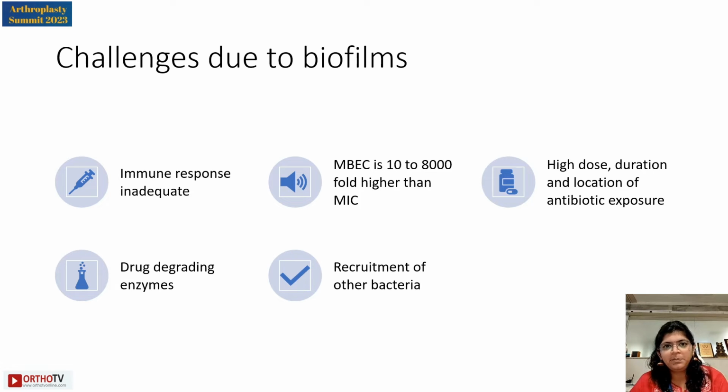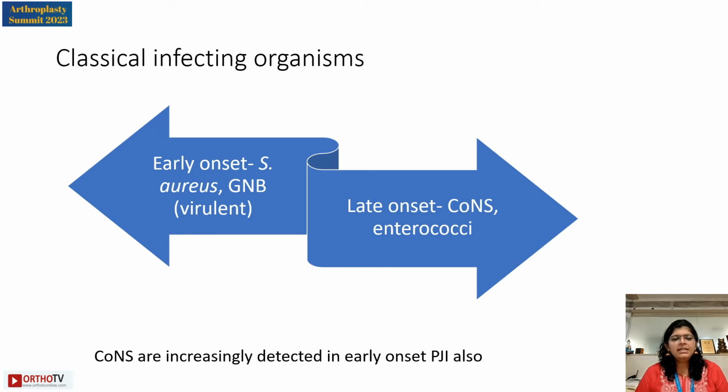The classical infecting organisms in prosthetic joint infections can be divided into organisms that cause early onset infections, that is within 3 months of surgery. This is usually caused by organisms which have high virulence potential and increased virulence factors. Most commonly, this is Staphylococcus aureus and in certain cases, aerobic gram-negative bacilli as well.